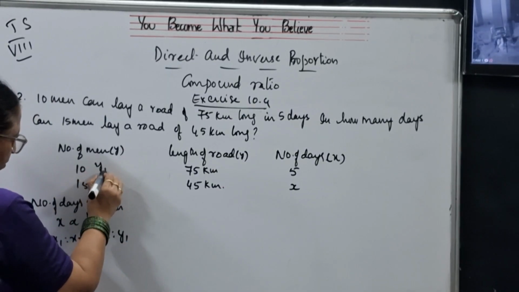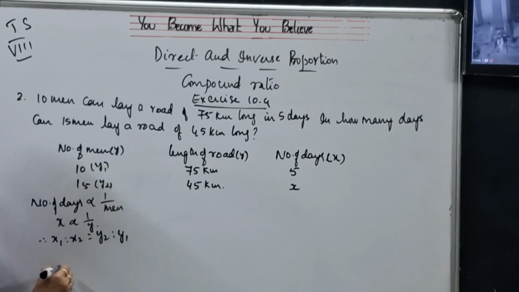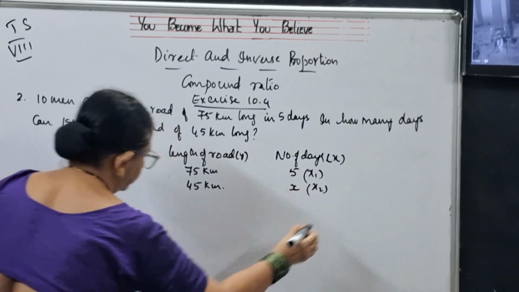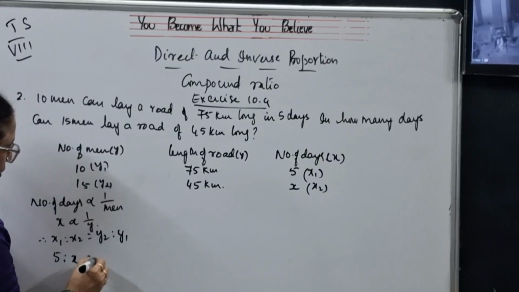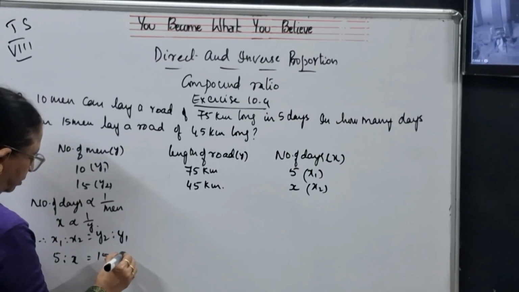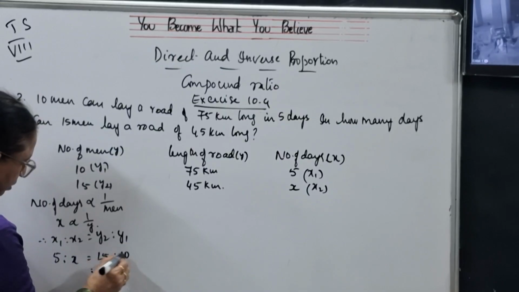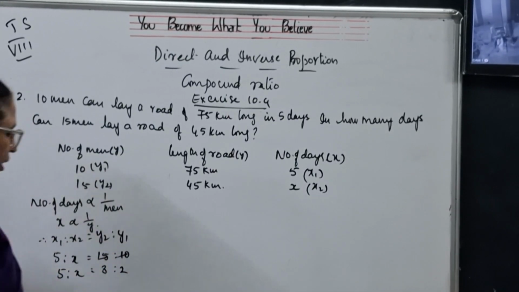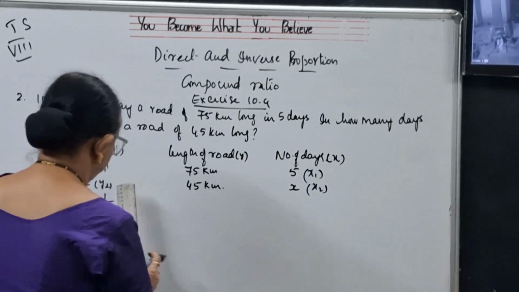So this is y1 and this is y2. So x1, x2. So 5 is to x is equal to 15 is to 10. 15 is to 10, 5 threes are 15, 5 twos are 10. So 5 is to x is equal to 3 is to 2. We have got first ratio.